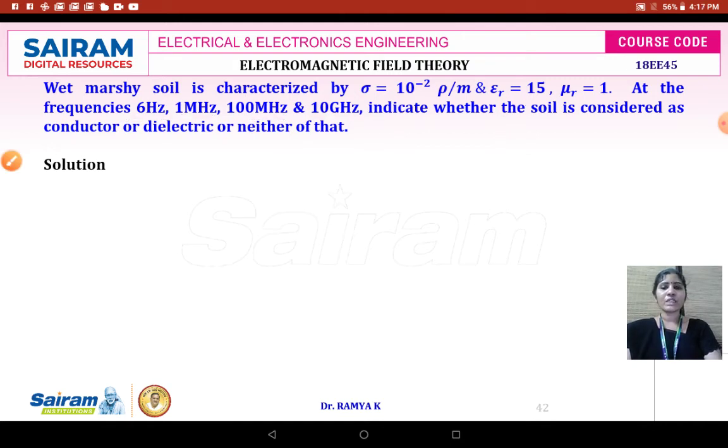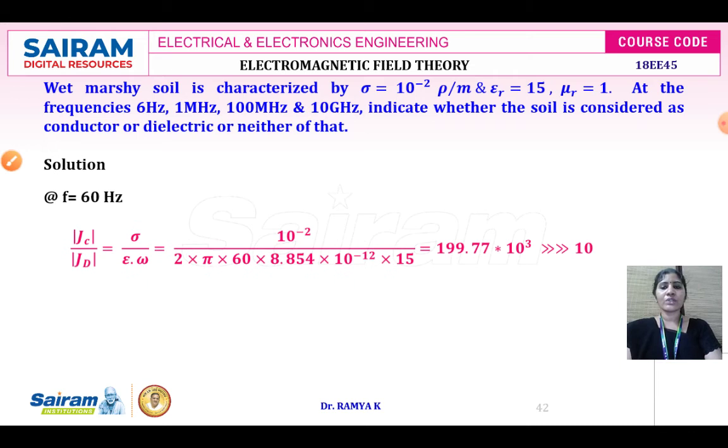For the first step, we write at f is equal to 60 Hz. We identify the loss tangent sigma divided by omega epsilon, which is equal to the conductivity 10 to the power of minus 2 divided by 2 pi f. Omega is nothing but 2 pi f, so in the place of f we substitute 60.